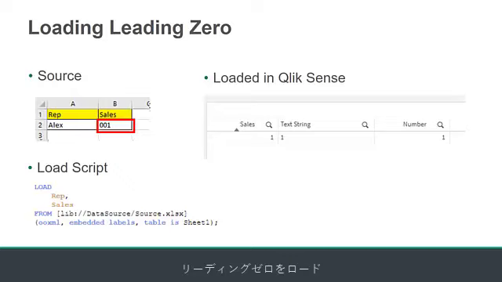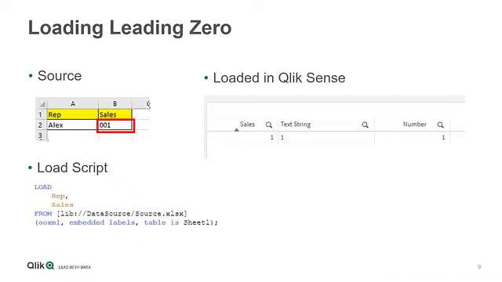So this is actually expected behavior. QuickSense is trying to use best effort to convert it to a number. In this case, what do we do if we want this 001 to be displayed in QuickSense?